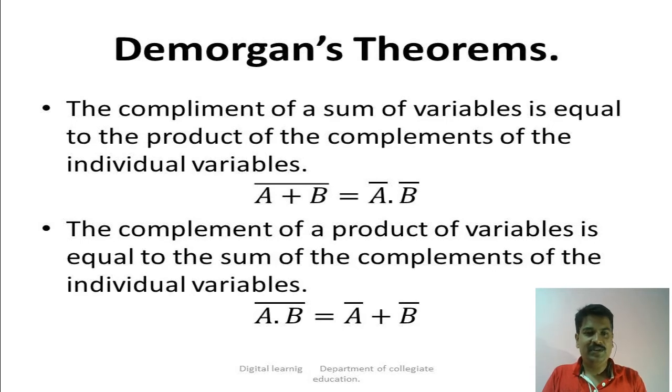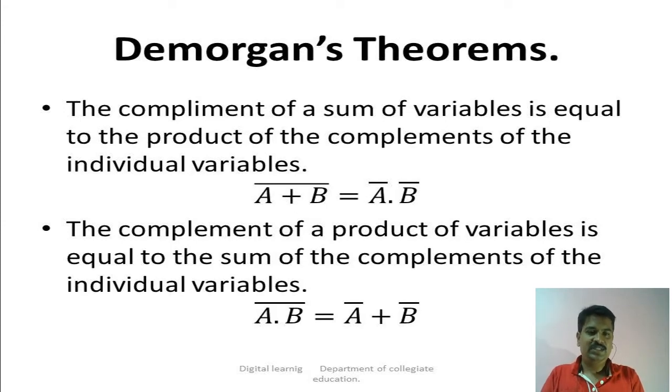(A dot b) whole bar is equal to a bar plus b bar, exactly converse of the first theorem. So here the left hand side is (a dot b) whole bar, which is complement of product of variables, and the right hand side is sum of the complements of individual variables. Both are equal according to the De Morgan's second law.